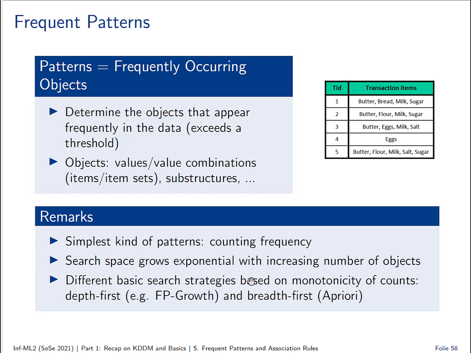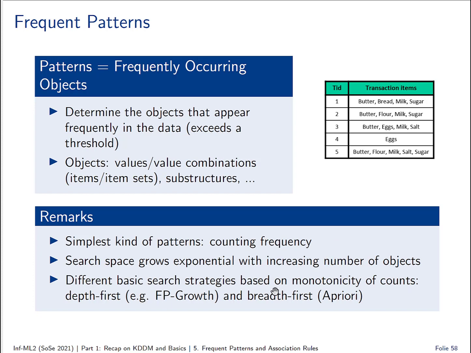So there are different basic search strategies, and they are typically based on monotonicity criteria for the counts. There are depth first approaches like FP-growth and breadth first approaches like Apriori. All those things are not heuristics, they actually compute the real, non-approximate result.